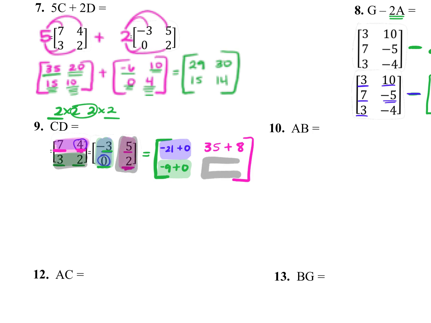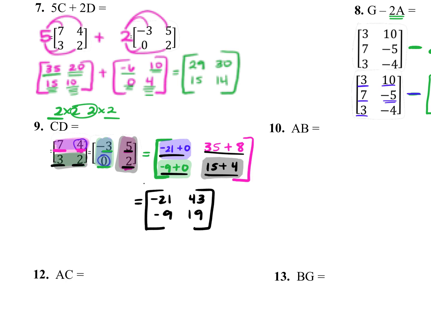And that's going to end up in the second row, second column. So you're going to go 3 times 5 is 15. And then 2 times 2 is 4. And then you can simplify that and get negative 21 here. 35 plus 8, so 43. Negative 9 plus 0 is negative 9. And then 15 plus 4 is 19. And that will be your final answer. And that was a 2 by 2 when we were done.